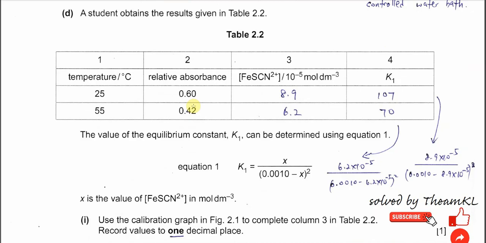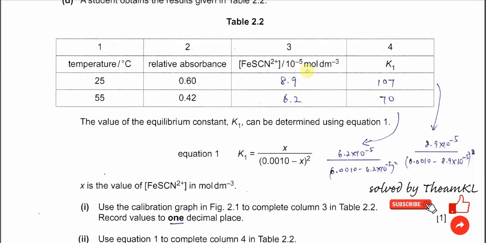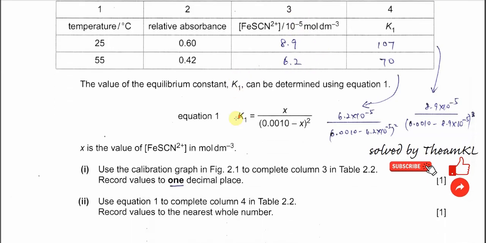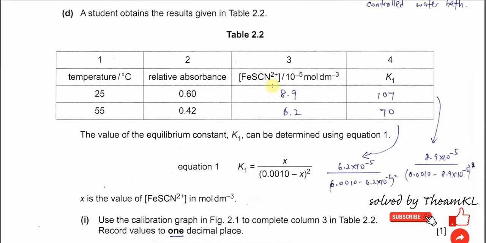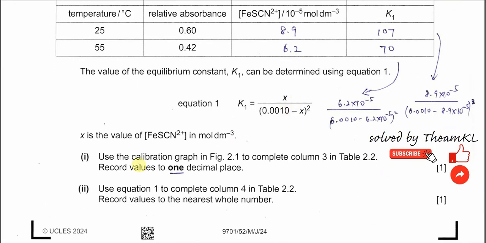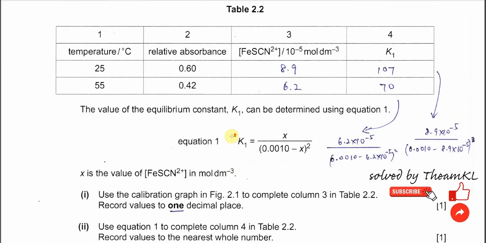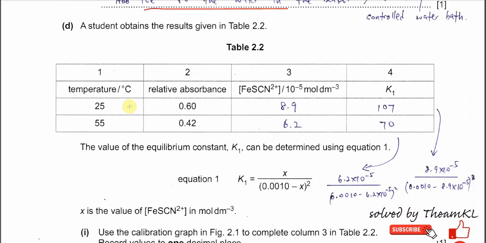Part D. A student obtains the results given in table 2.2. Just follow the instruction here. Part 1. Use the calibration graph in figure 2.1 to complete column 3, and make sure it's 1 decimal place. So now let's check the absorbance.